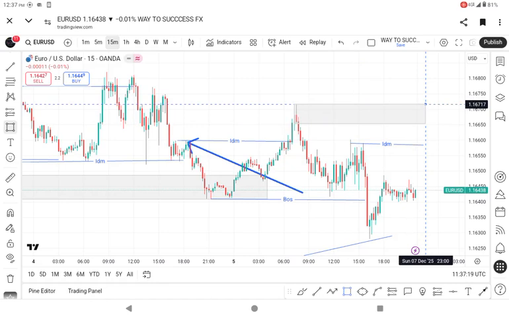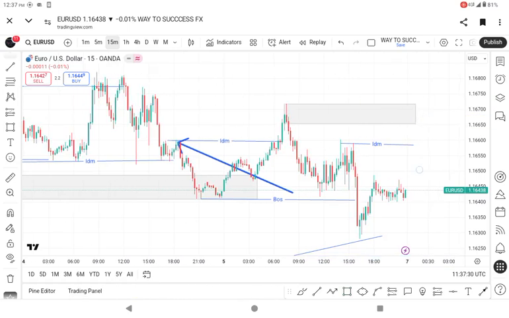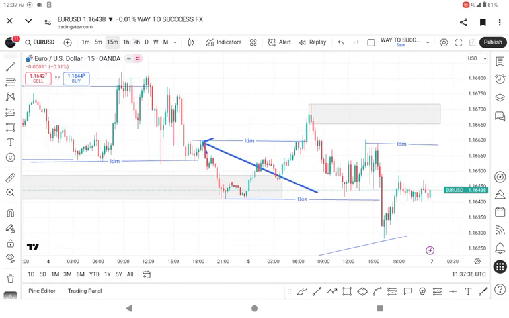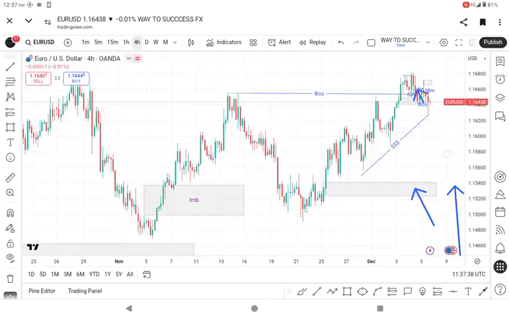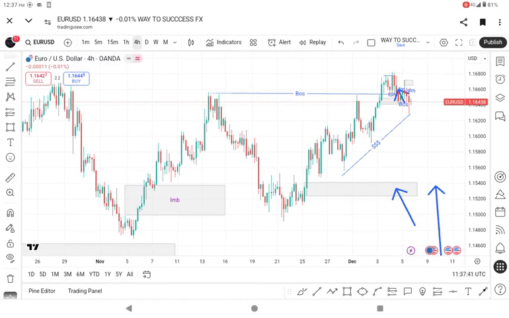So already in H4, you see that in daily, price has made a change of character. After external has been taken out, we are expecting price to come and take internal. In H4, you see that the market has failed the first attempt on trying to go to the upside after this break of structure.